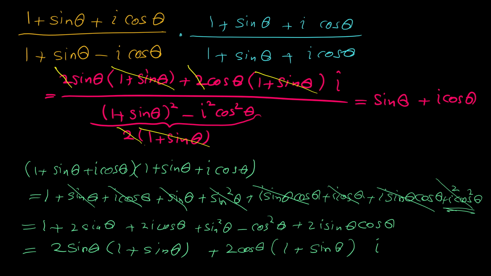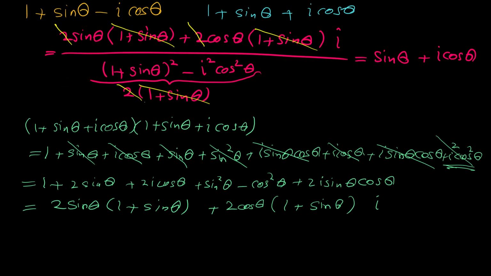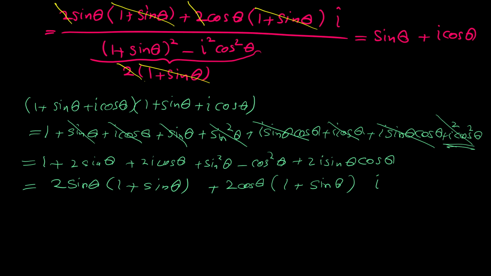Let me explain what happened in the numerator and how we got this. In the numerator before cancellation, we have 2 sine theta times (1 plus sine theta) plus 2 cosine theta times (1 plus sine theta). We can factor a 2 and a (1 plus sine theta), because this is common in both of them.